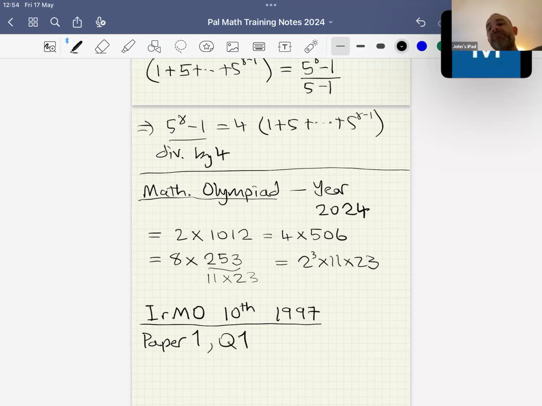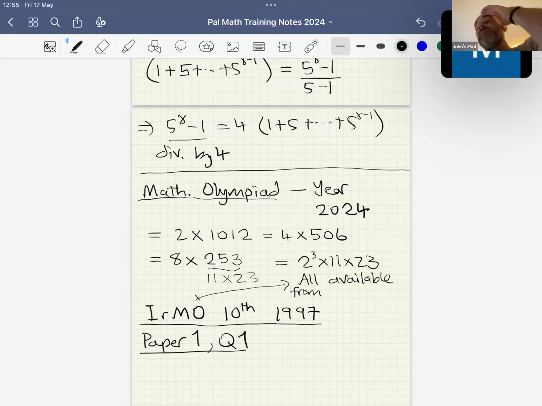This was paper 1, question 1. And by the way, I'm just mentioning this because it's available on the internet, all of these competitions are available from a compendium of the competitions.